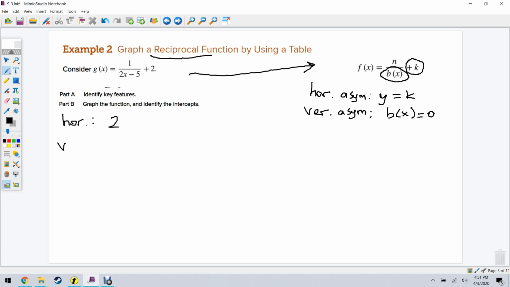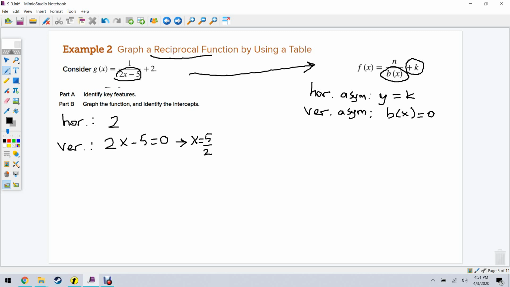But if you're looking for the vertical asymptote, you check this whole thing, 2x minus 5. So 2x minus 5 should be equal to 0. If you do the math, you add 5 to both sides and divide by 2, you for sure get x is equal to 5 over 2.